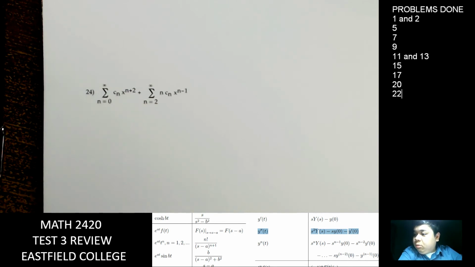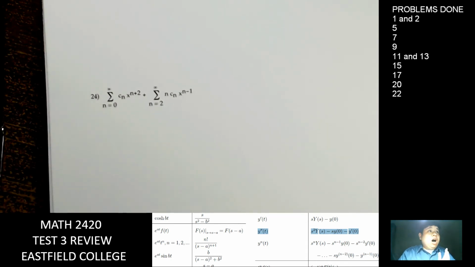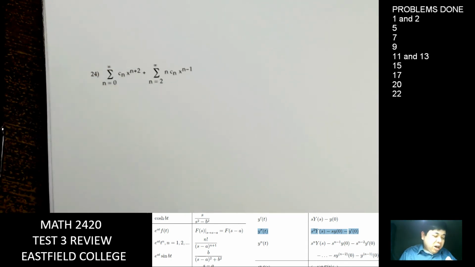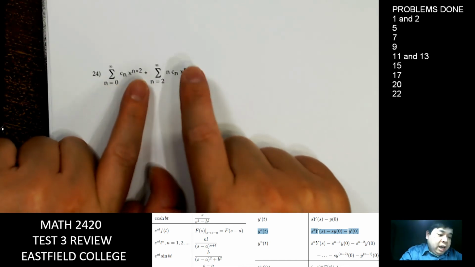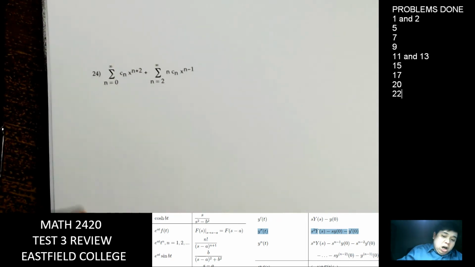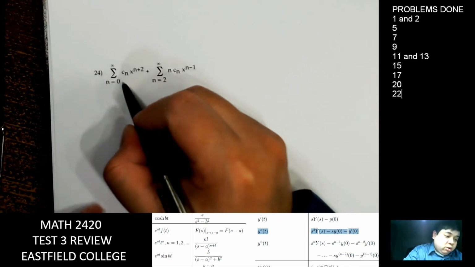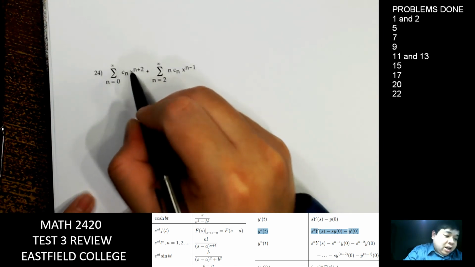Now 23, 24. Now just combine this series into one. This is very simple. We just need to make sure that the series must start at the same index, and the index must start at the same power. Obviously they're not. So we just need to check. The first thing we look at is we put 0 in here. It starts at x squared.